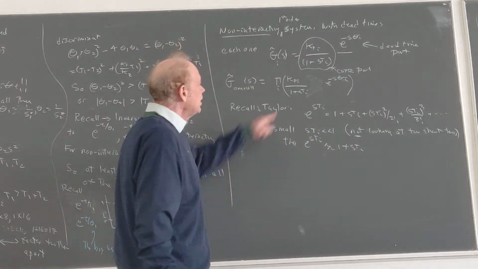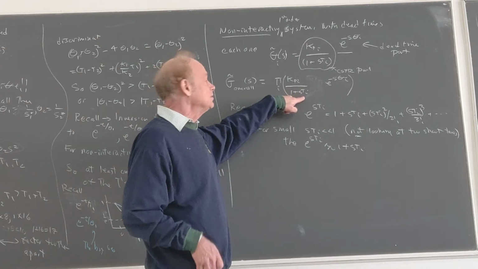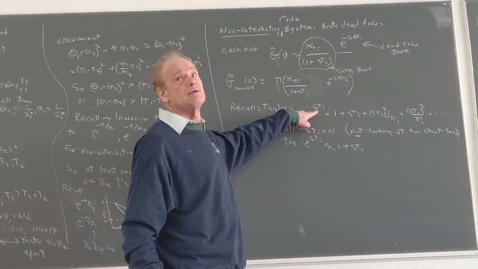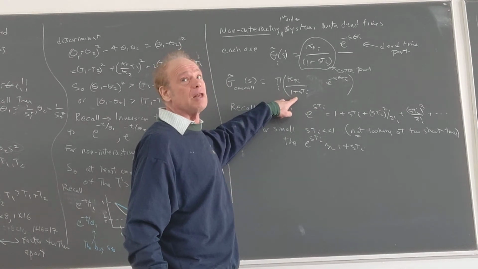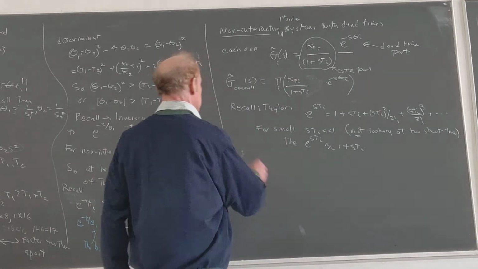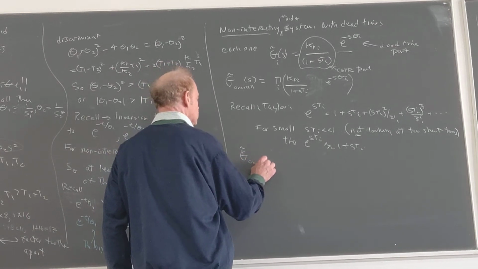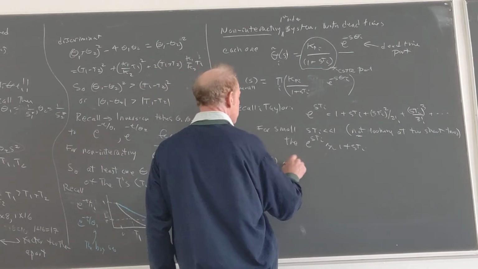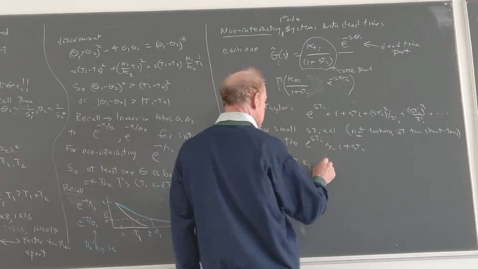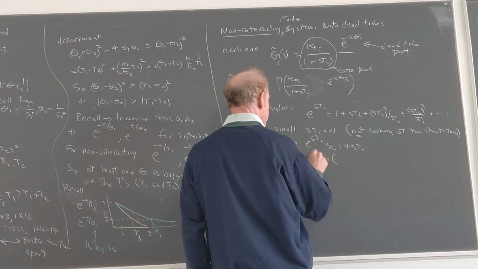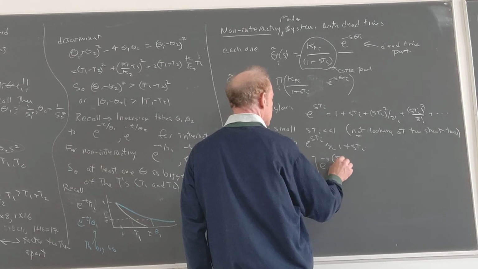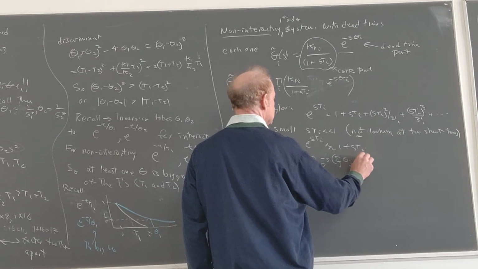In that case, each of the 1 plus s tau_i in the denominator looks something like an e to the s tau_i. And e to the s tau_i in the denominator is like an e to the minus s tau_i in the numerator. So this tells me that G tilde overall of s looks sort of like the product on i of the K_Pi's times e to the minus s times the sum of the theta_j's plus tau_i's.